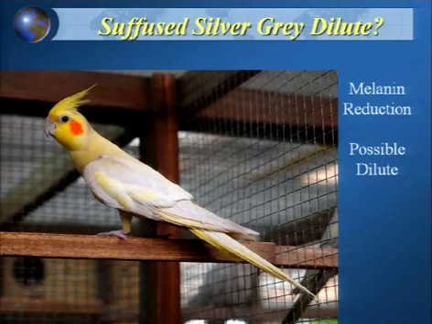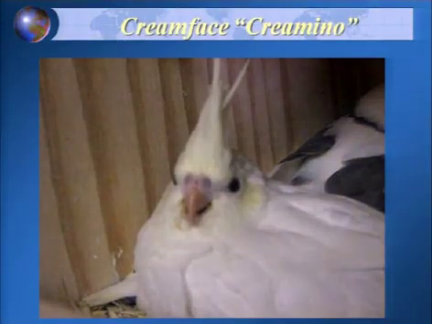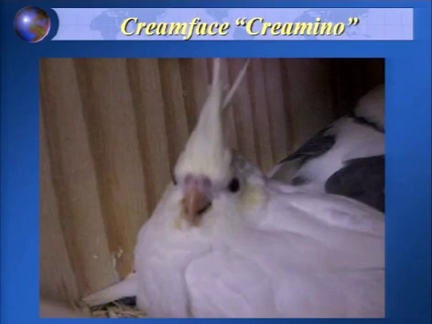Okay, again, another possible dilute. It's called suffused silver gray elsewhere in the world, similar names. They have melanin reduction, and that's why you're seeing that psittacin pigment shining through. Interesting bird. Now, another one that came to light a couple of years ago here was the cream face.